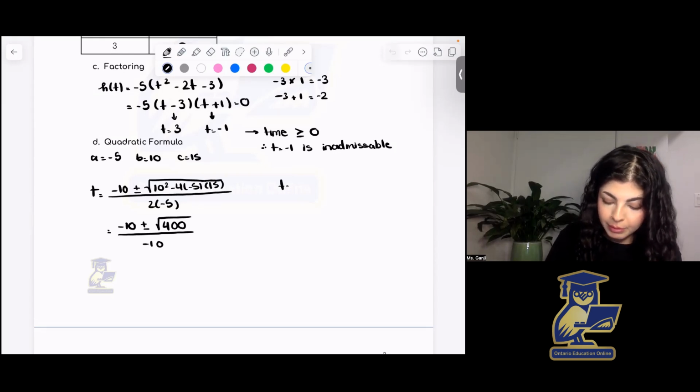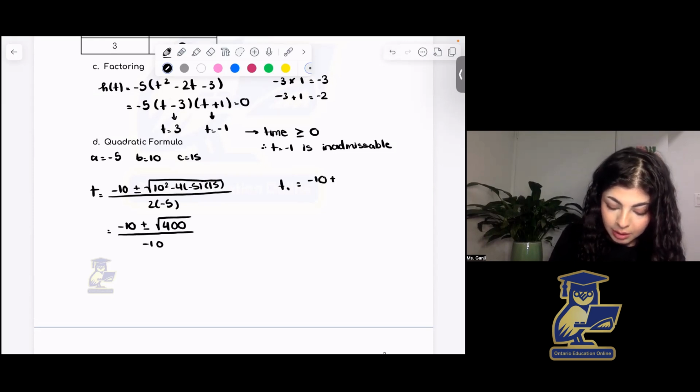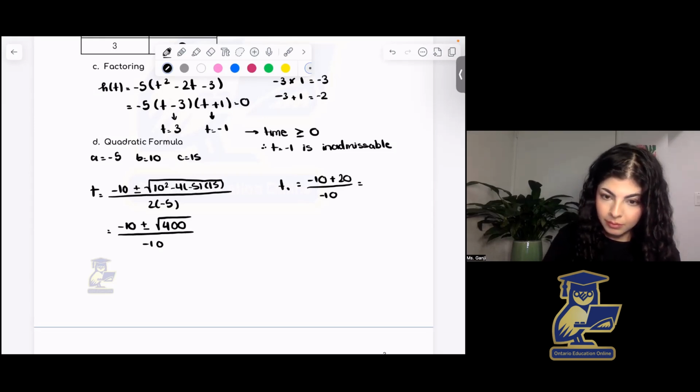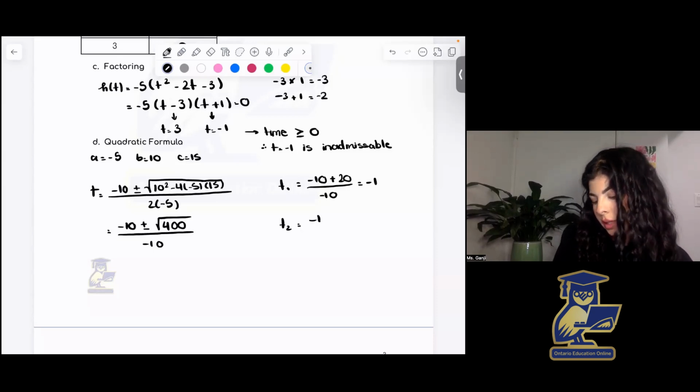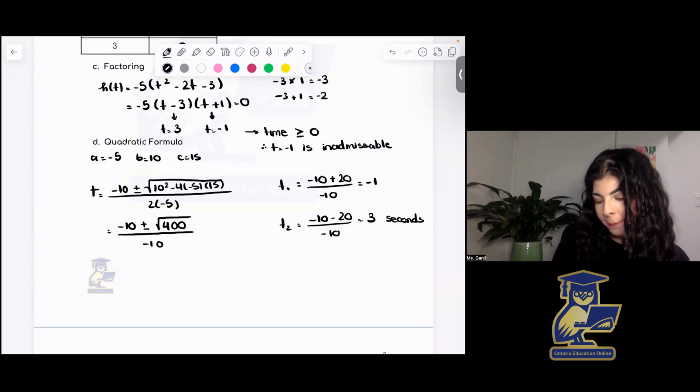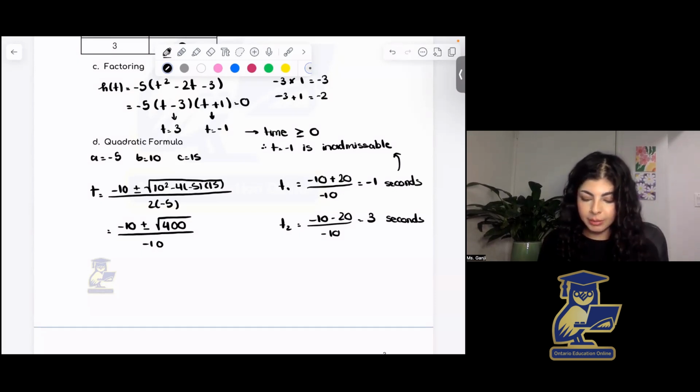T1 is going to be -10 plus 20 over -10, which is -1, and T2 is going to be the subtraction, so 3 seconds. But again, this one is inadmissible.